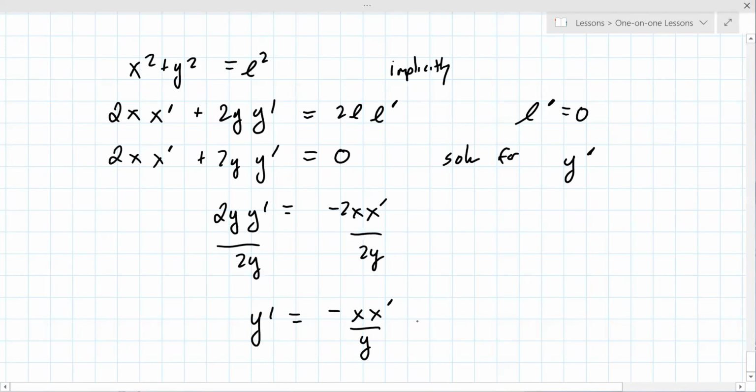Now we have all of those values from the table or from the figure above. X is 18, x prime is 10, y is 24. And that equals negative 7.5.